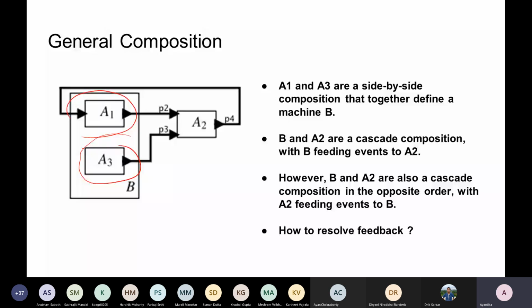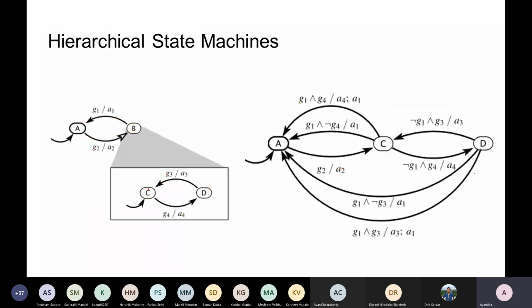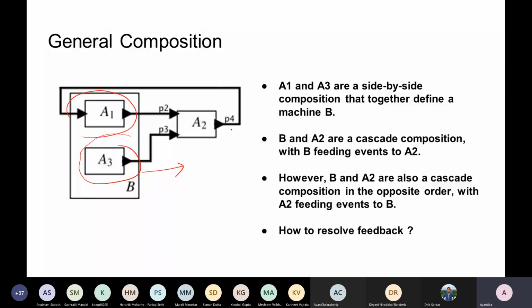Based on that, you have to choose the output, and then you have some serial connection. So based on what type of specifications you have, you will place your blocks and decide your composition.